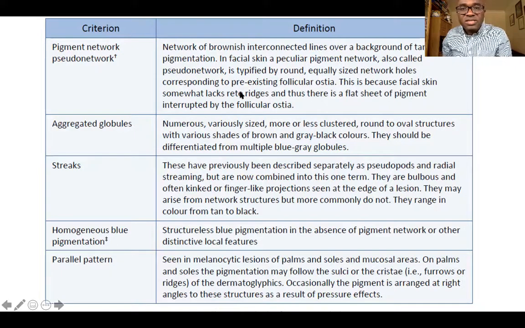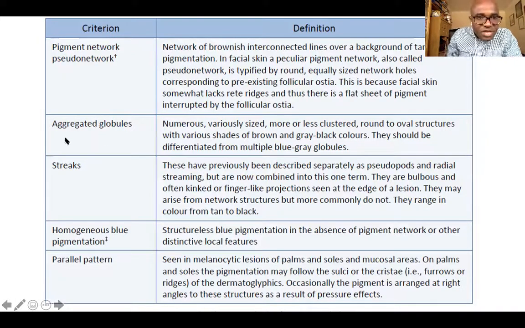The rete ridges in the papillary dermis are seen as flat, and therefore you have a flat surface at the dermo-epidermal junction. So this is just a bit about a pigment network, and if the lesion has a pigment network or pseudo network, that is a diagnostic feature for a melanocytic lesion. Okay.